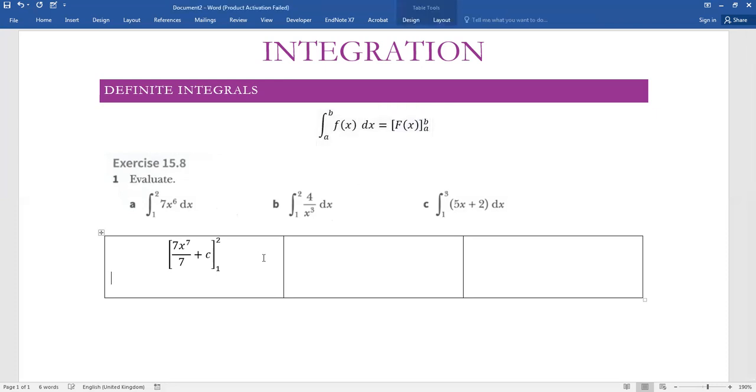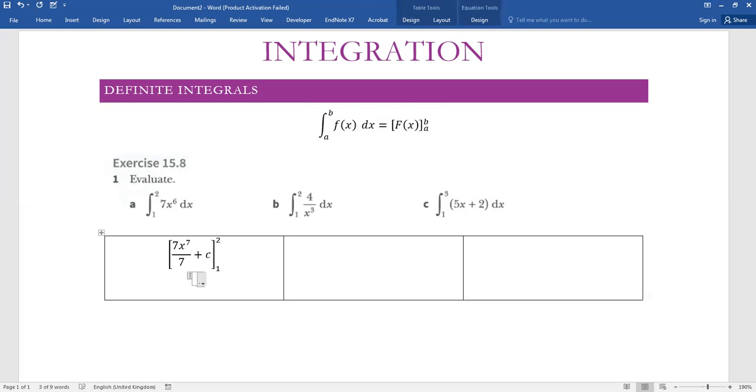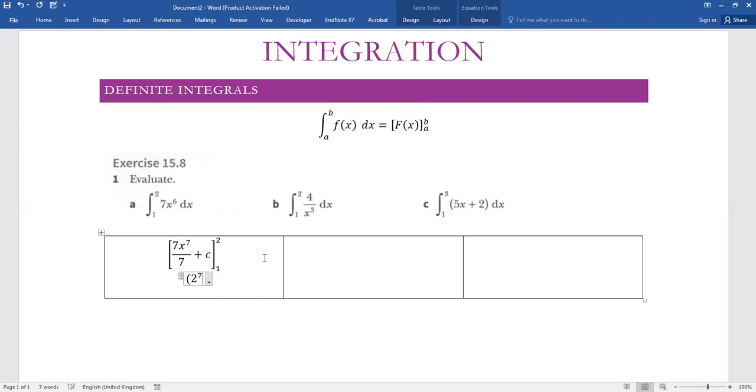Once we are done with this, we'll plug in the values. First, we plug in the upper limit, 2 to the power 7, plus c, minus, then we plug in the lower limit, 1 to the power 7 plus c.